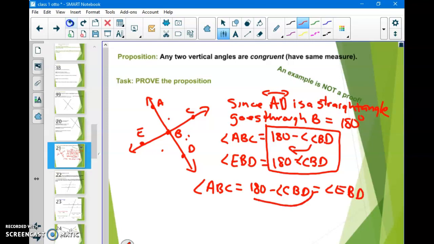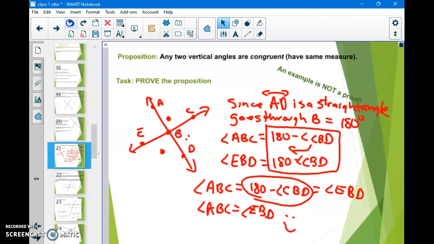And then chopping out the middle part, can I say that angle ABC is equal to angle EBD? And it is the same, so I've now proven that any angle that's up here and any angle that's down here would be the same measure. Would it be difficult to move to this one and this one?